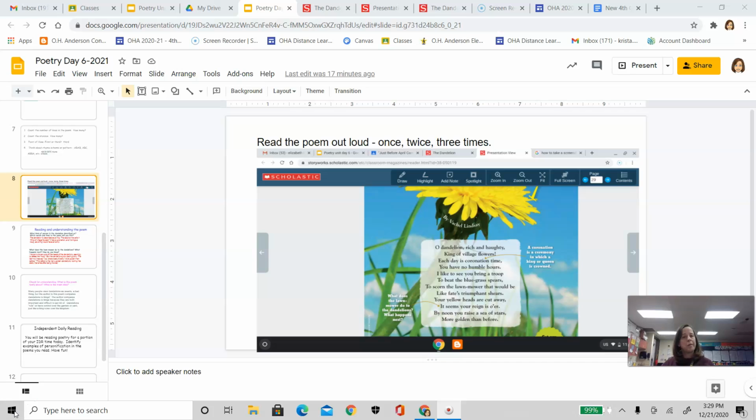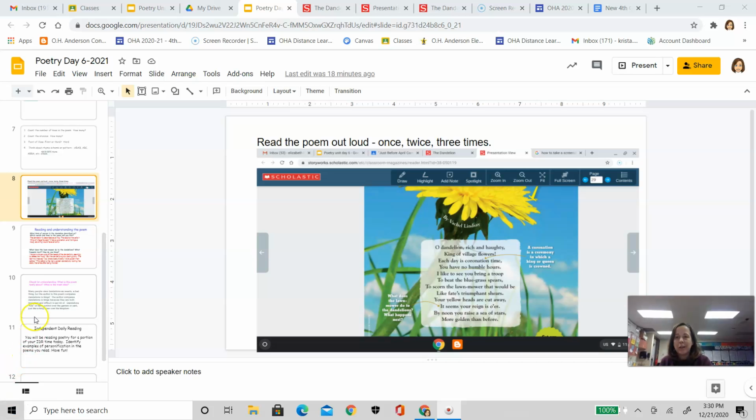And then sometimes if I really want to practice my reading, I'll read it in a different voice. I might use a southern voice just to make it a little bit more fun or exciting. Maybe an opera voice, oh dandelion, rich and haughty. You can read poetry in fun ways too, and it helps with your fluency, and it makes it more exciting and fun.